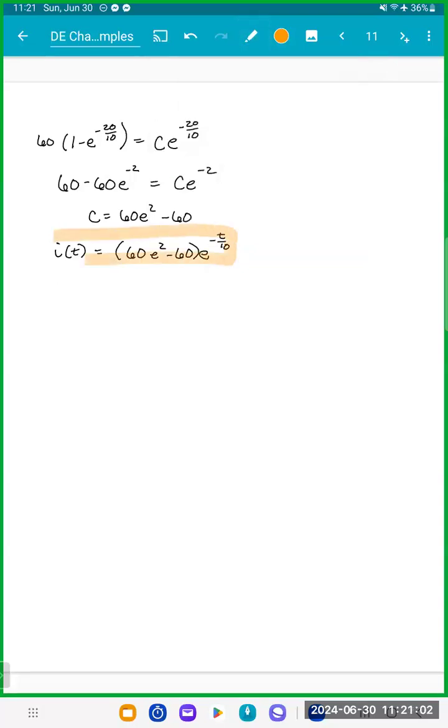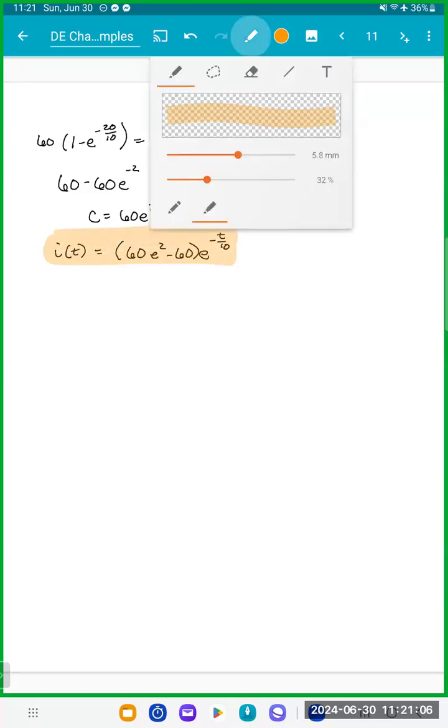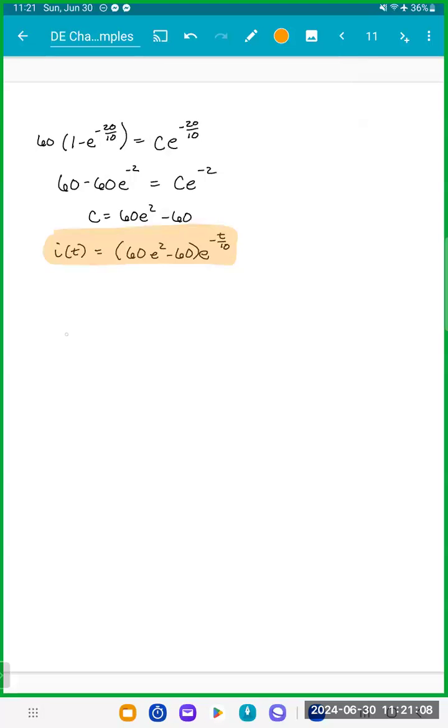And so we could write that into one concise answer by saying that our I of t is equal to 60 minus 60 e to the negative t over 10 for the interval t between 0 and 20.